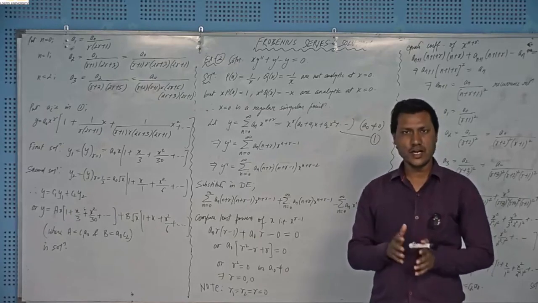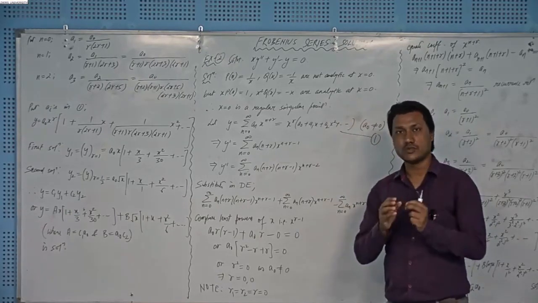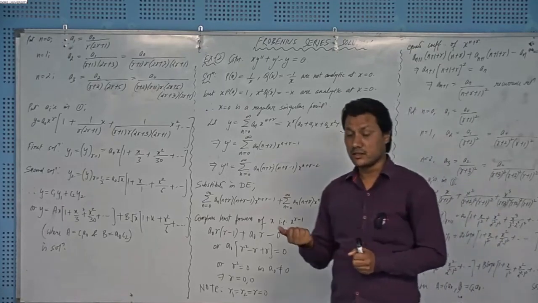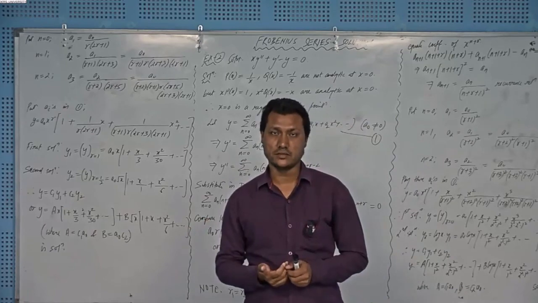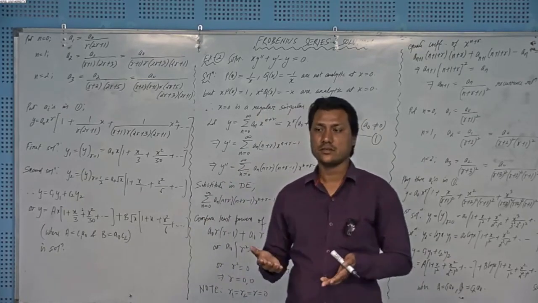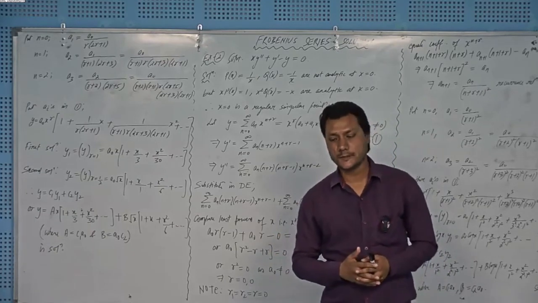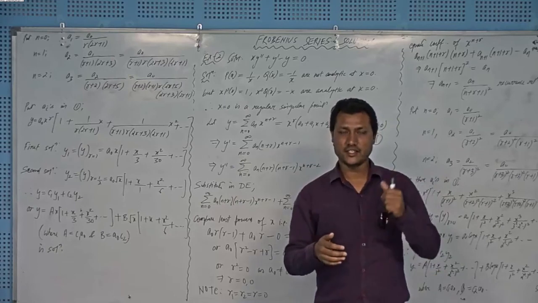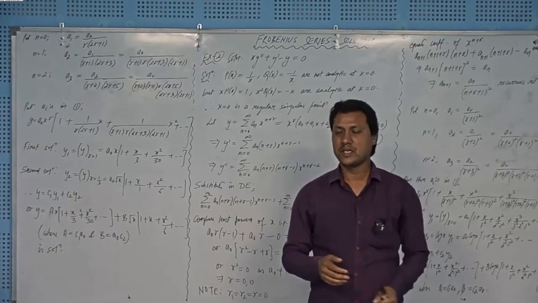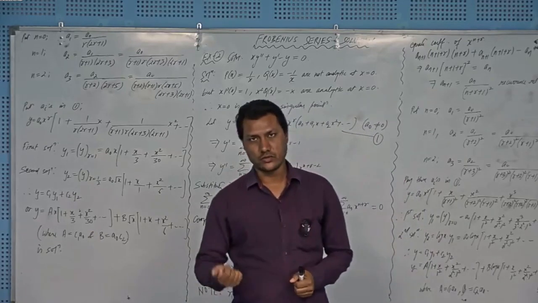It means that they have a singularity at x equal to x naught, that is correct, right? But that singularity is not worse than the rational functions 1 over x minus x naught and 1 over x minus x naught whole squared. In complex analysis you call these poles of first order and second order. If you have a little knowledge of complex analysis, a function like 1 over x minus x naught has a pole at x equal to x naught of order 1, and 1 over x minus x naught whole squared has a pole at x equal to x naught of order 2.